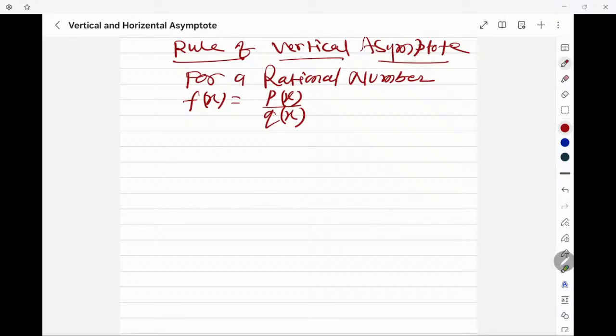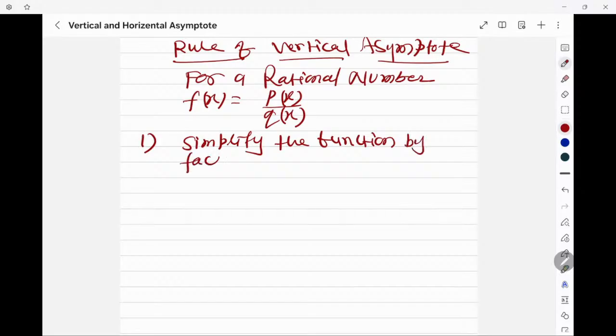The first rule is to simplify the function by factoring and cancelling any common terms.